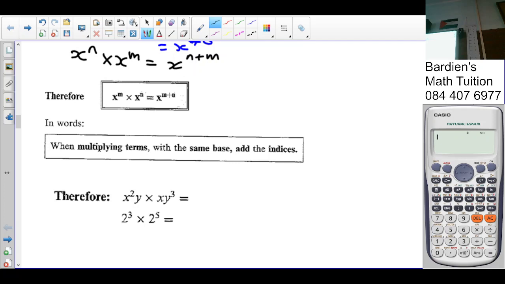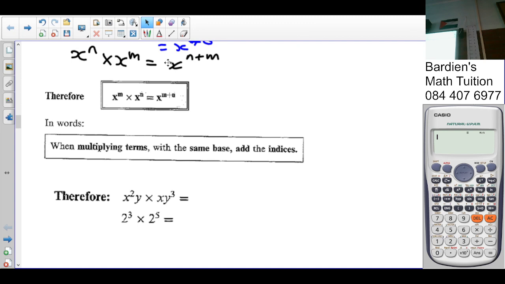Right. To highlight it, this is what we call the first law of exponents. Exponents have a couple of laws. This is the first law of exponents. In words, I want you to write this down as well. When multiplying terms with the same base, add the exponents or the indices.